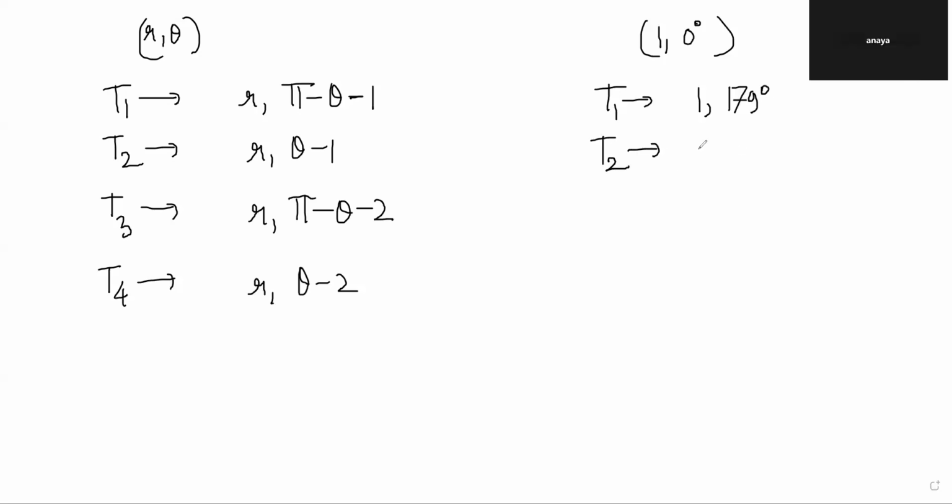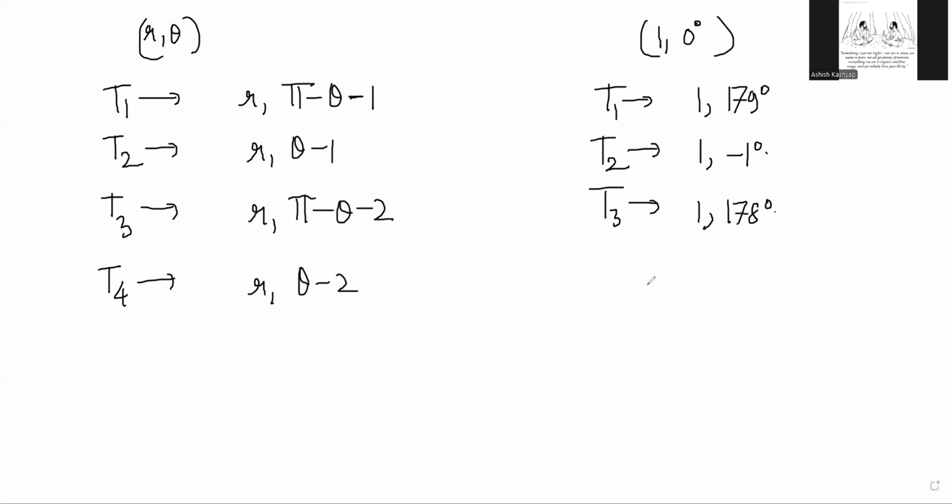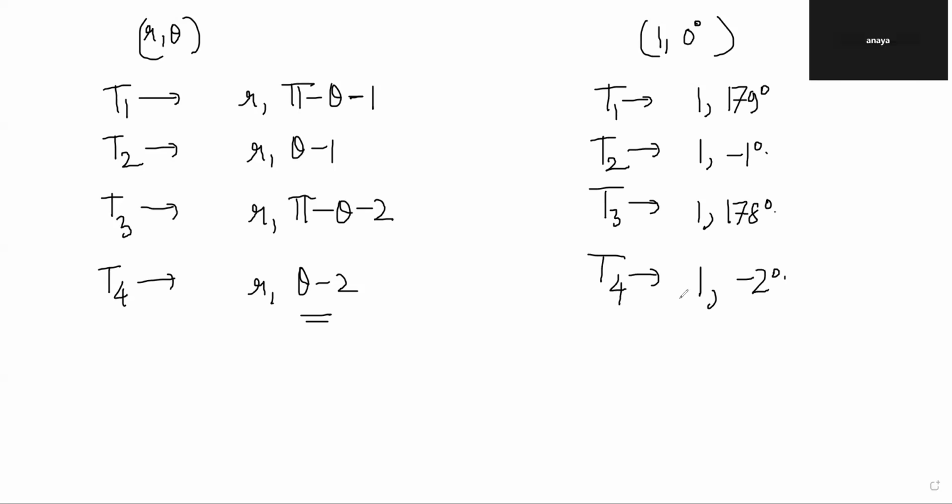After T2, you are at 1 comma theta minus 1. Theta is 0 degrees, so minus 1 degree, right? Yes. T3, you are at 1 comma 180 minus 0 minus 2, so 178 degrees, right? Right. T4, you are at 1 comma theta minus 2, so minus 2 degrees, right? Yes.